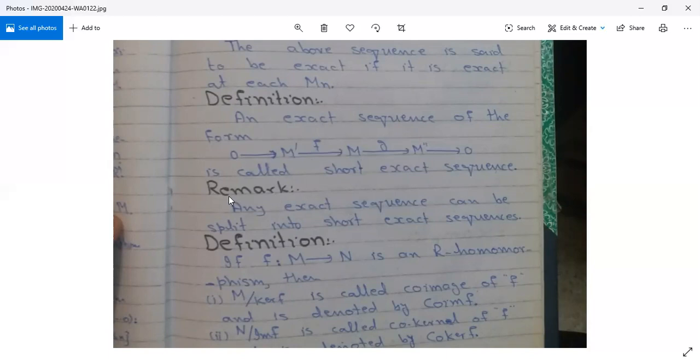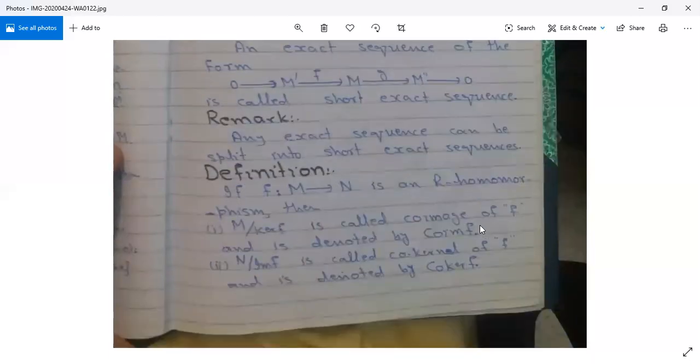After this, we have discussed some remarks. Any exact sequence can be split into short exact sequences. After this, we define some definitions. F is a function from M to N which is an R homomorphism. Basically, F is defined from M to N, where M and N are R modules. It should satisfy two conditions.